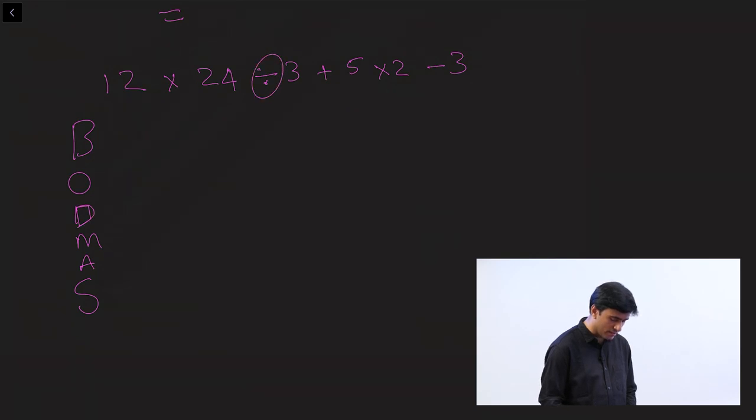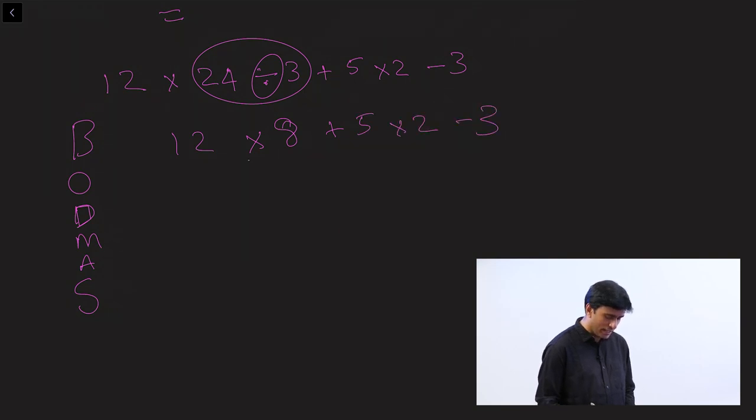We have division here. So let's rearrange it. 12 into 24 divided by 3 is 8 plus 5 into 2 minus 3. We have multiplication, addition and subtraction. What do you do first? That's right, multiplication, because M comes before addition and subtraction.